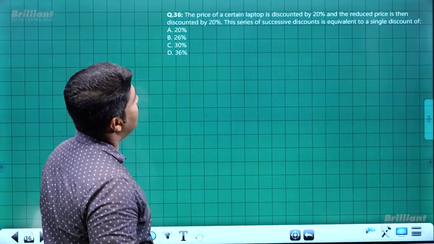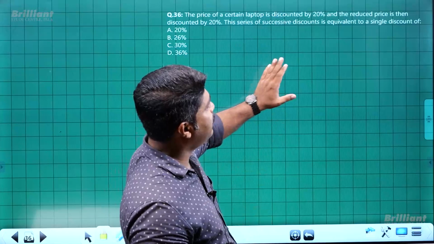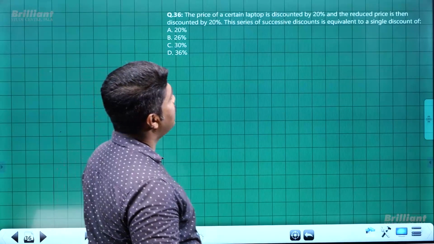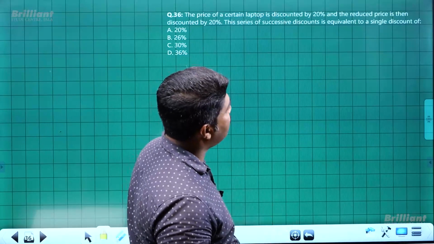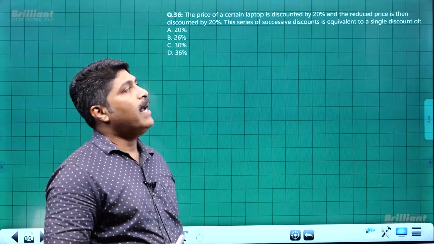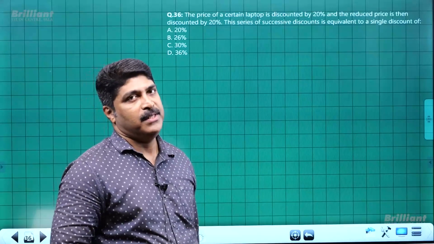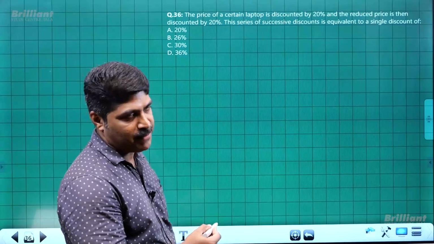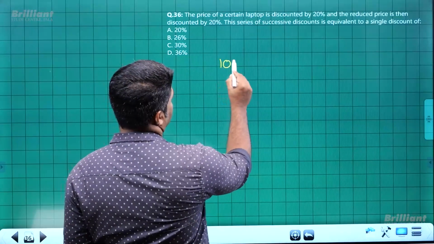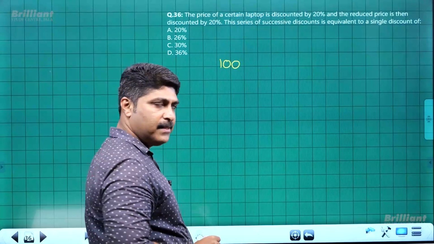The price of a certain laptop is discounted by 20% and the reduced price is then discounted by 20%. This series of successive discounts is equivalent to a single discount of. It's a successive discount concept. How can we consider it? You simply consider the initial price as 100, or the marked price.